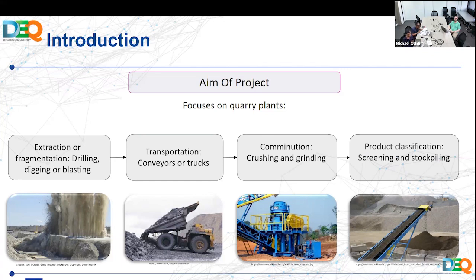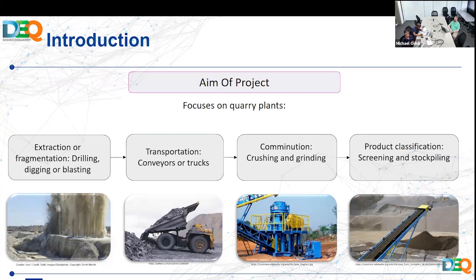So in this project, we have different colleagues and partners that are involved in the different stages. You have those that are trying to optimize the extraction stage, for instance, looking at blast modeling and the selection of different explosives. And you have those that are involved in the transportation stage, looking at ways of making this process more efficient, looking at fuel efficiency, and making the whole transportation phase safer for the workers.